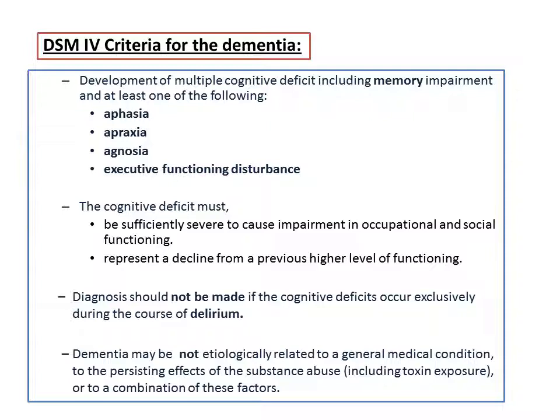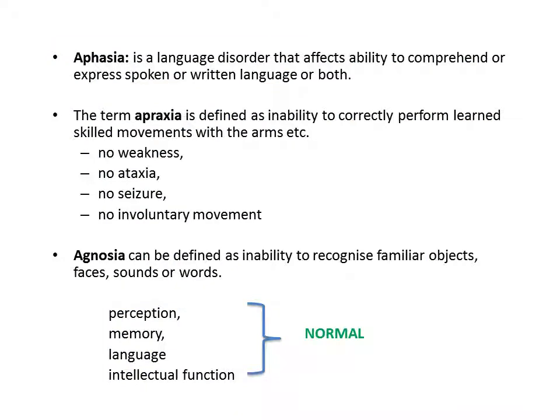Diagnosis should not be made if the cognitive deficit occurs exclusively during the course of delirium. Dementia may be etiologically related to a general medical condition, the persisting effects of substance abuse, including toxin exposure, or a combination of these factors.